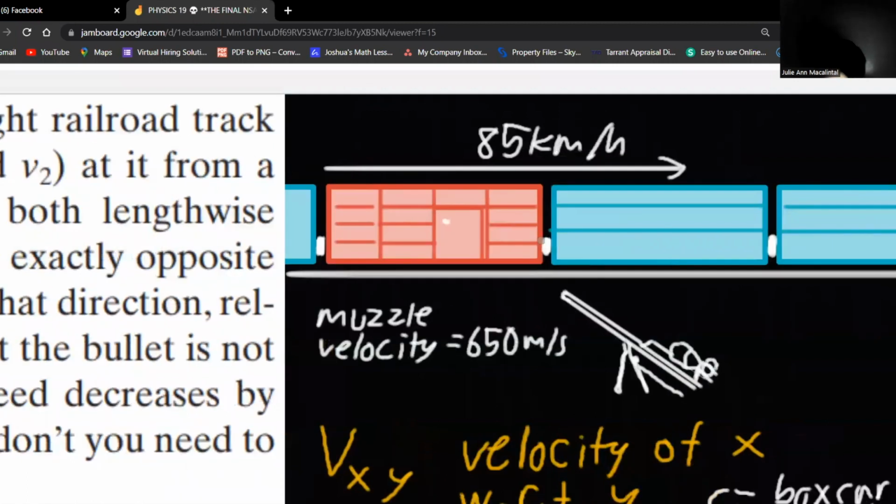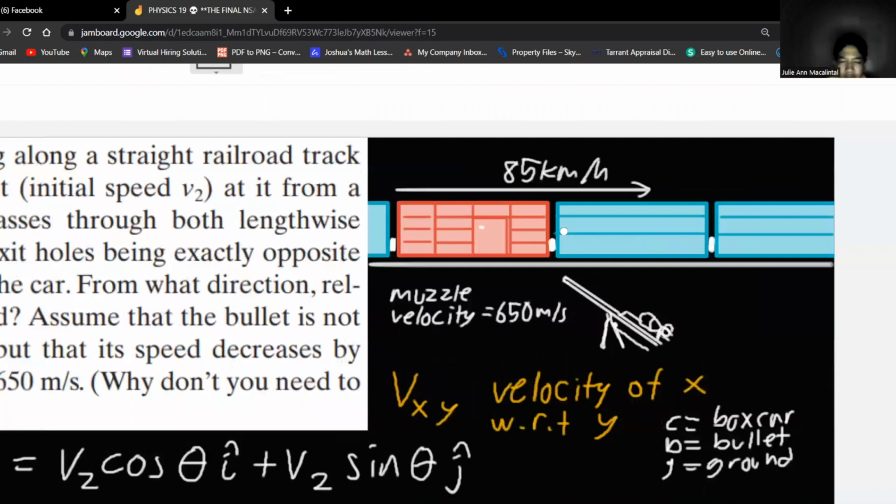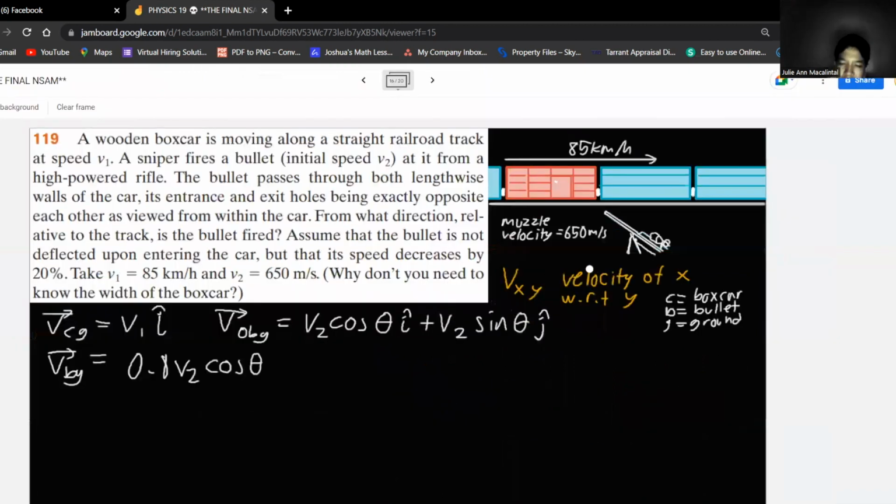So, yung entry point ng bullet, yan yung origin, in X and Y. Tapos wala tayong Z. Let's say alam natin yung position sa ground, X bar, Y bar, at time T.